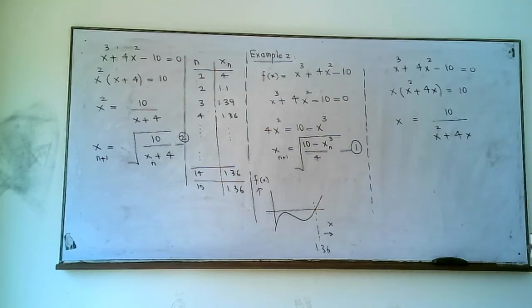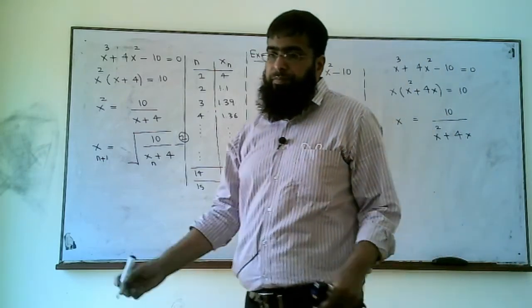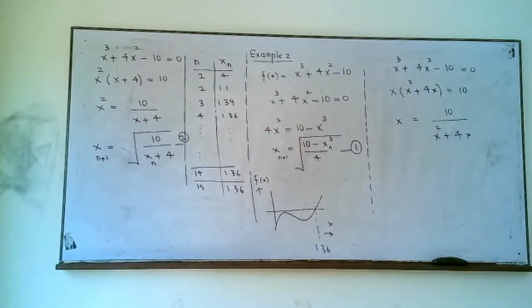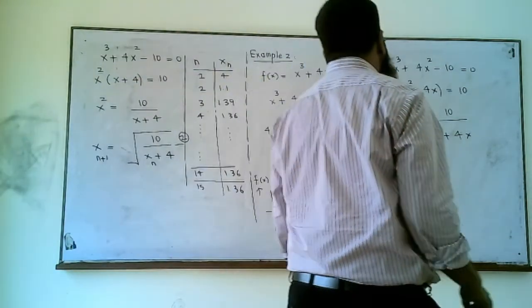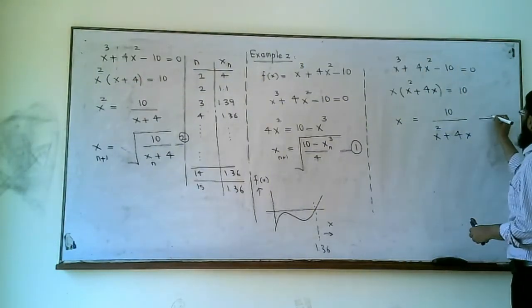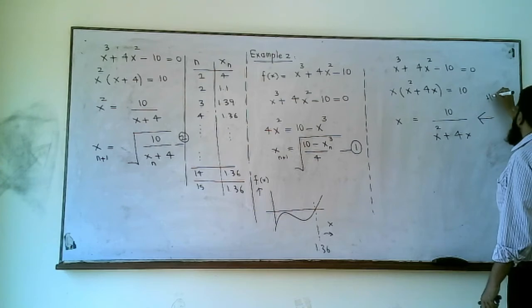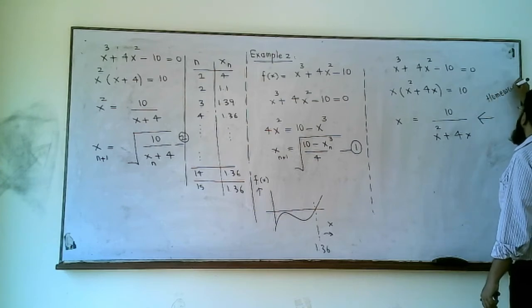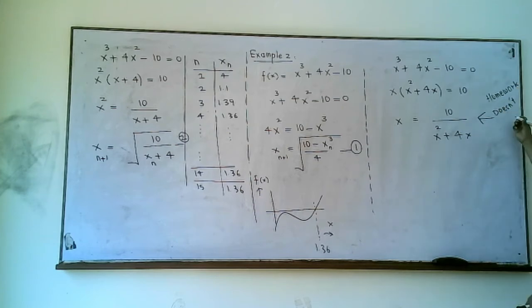So even then this can be a solution. Even this doesn't converge. You can verify this. It's your homework. Starting point can be any, it can be 4, it can be any other chosen starting point, but you will find that it doesn't converge.